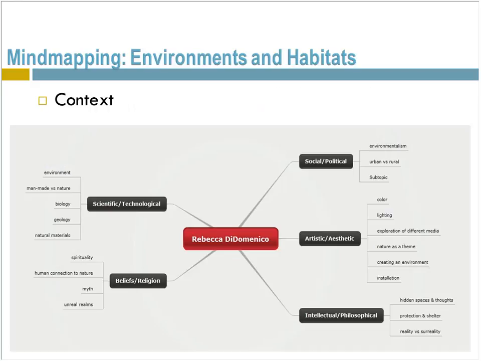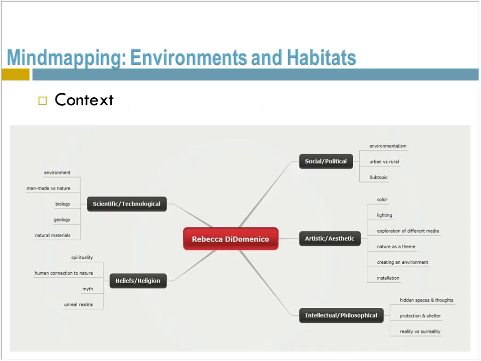As a part of this, mind mapping, webbing is really helpful. So this is based on an artist, Rebecca Didamenko, since that's my primary field, and taking various areas that helping students think in various ways, to think divergently and how to make connections. In this case, we're looking at the connections to scientific, technological, religion, social, political, artistic, aesthetic, and intellectual or philosophical.